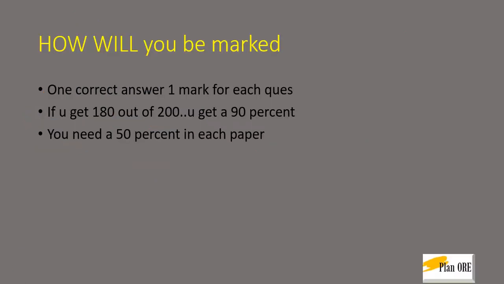How are you marked in the exam? For every question you get 1 correct mark. So if you get 180 out of 200, they calculate a percentage which is 90. That's for paper 1. They similarly calculate another percentage for your paper 2.